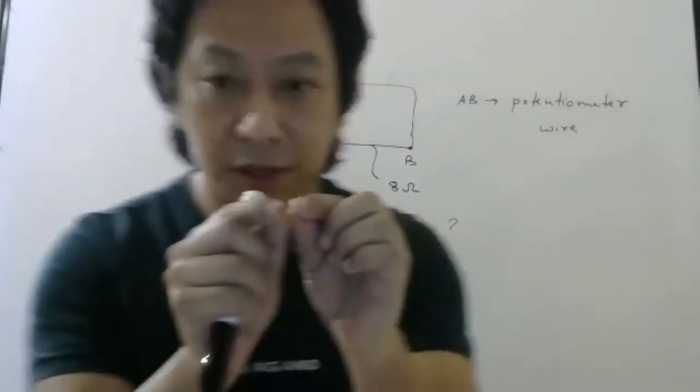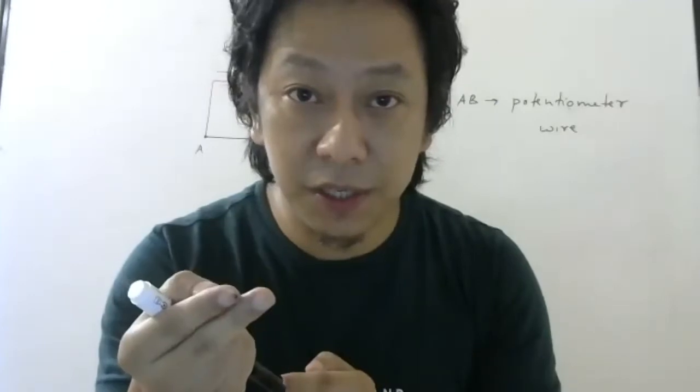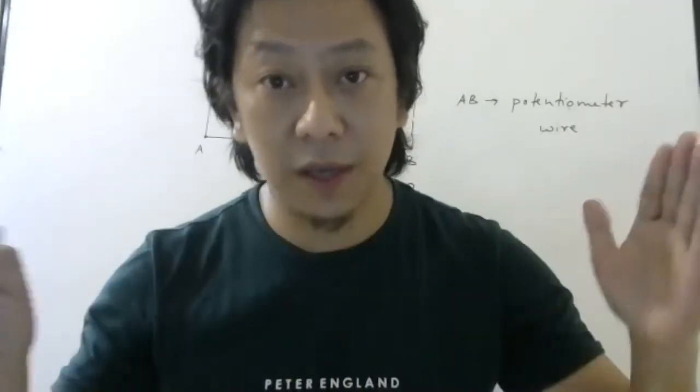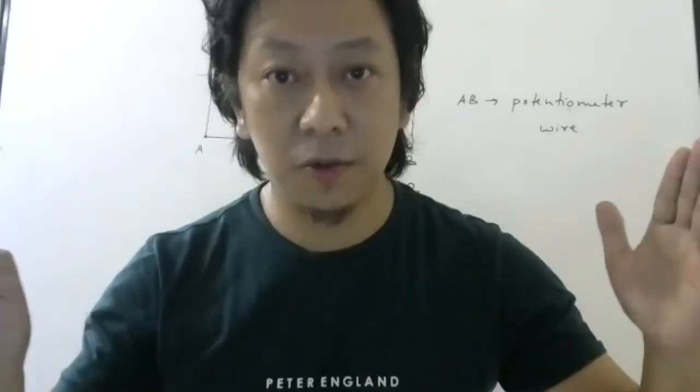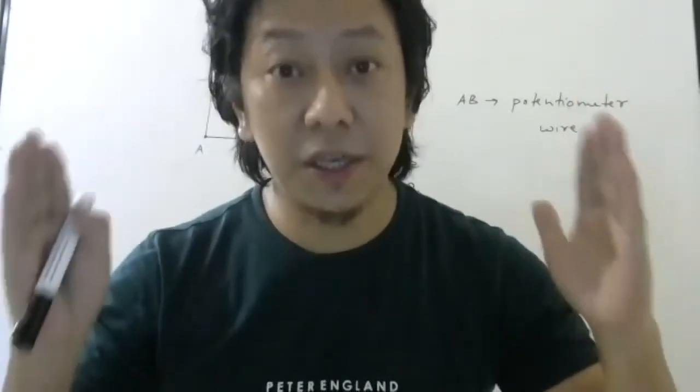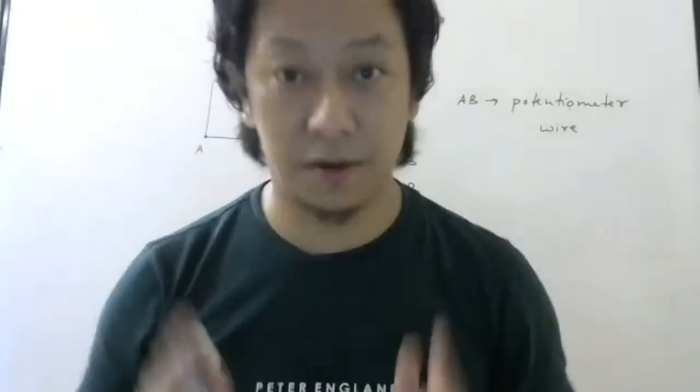So you have to see the wire, take some length, find the potential difference, and divide the potential difference by the length of the wire. If you choose the whole wire, you have to measure the potential difference across the whole wire.